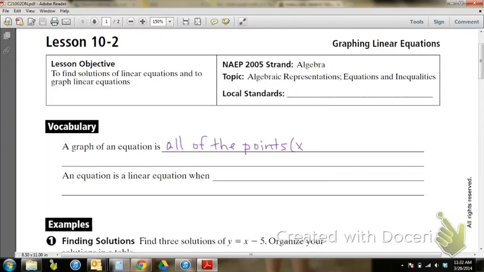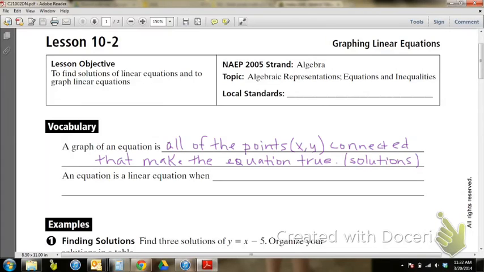Remember, points are x and y, connected, that make the equation true. And when they make the equation true, we call them solutions. So it's going to ask you, is something a solution to an equation?